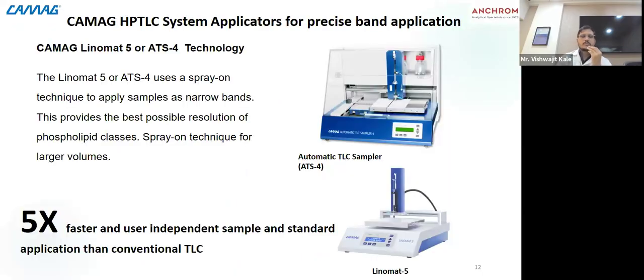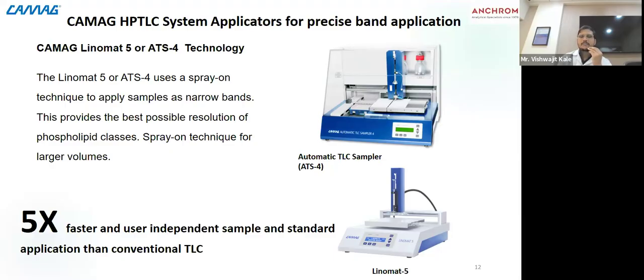Then after selection of a suitable stationary phase, we have to apply samples and standards of phospholipids on HPTLC or TLC plates. For that, we use CAMAG HPTLC applicators: the Automatic TLC Sampler (ATS4) for high sample throughput sample application on plate, and the Linomat 5 semi-automatic sample applicator. The Linomat 5 or ATS4 uses a spray-on technique to apply samples as narrow bands.